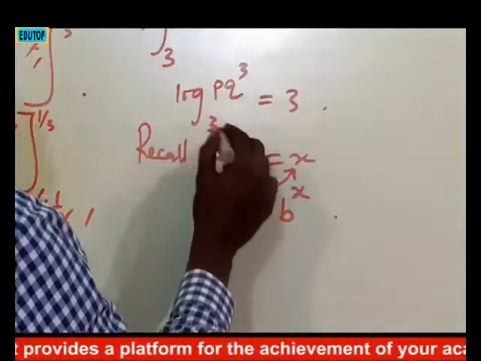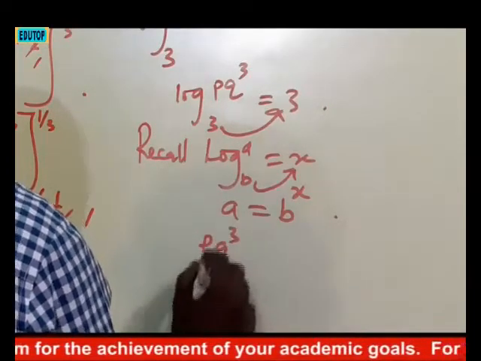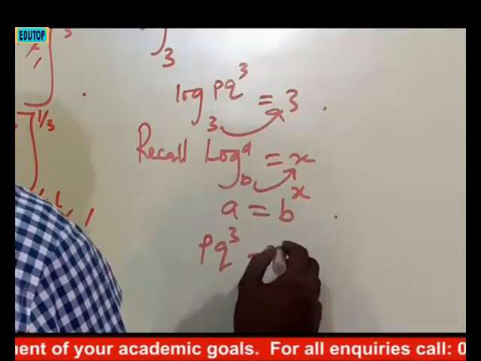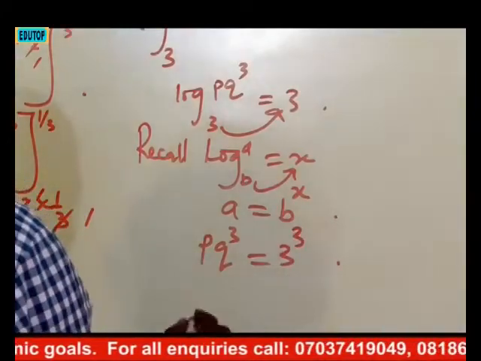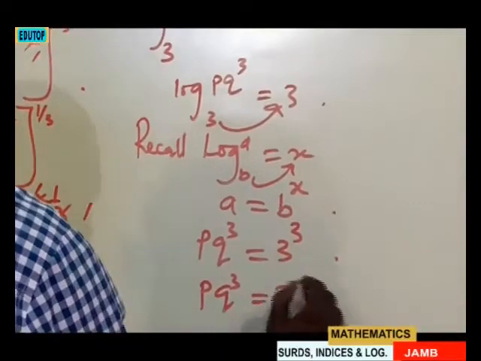So I also do that by this one lifting this. Then I have PQ cubed equals 3 raised to power 3. So here I have PQ cubed equals 27.